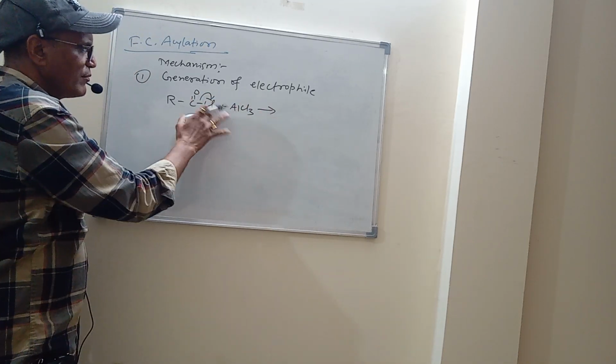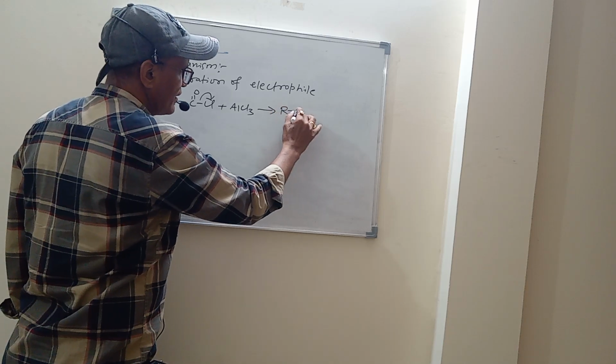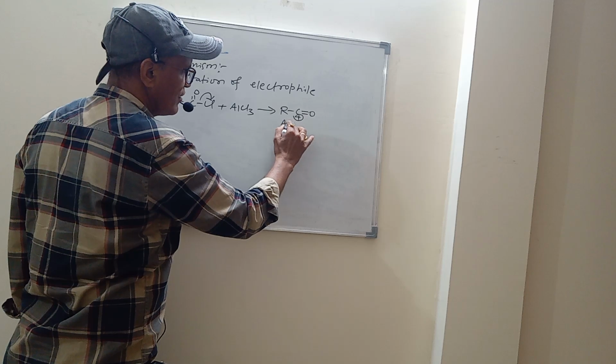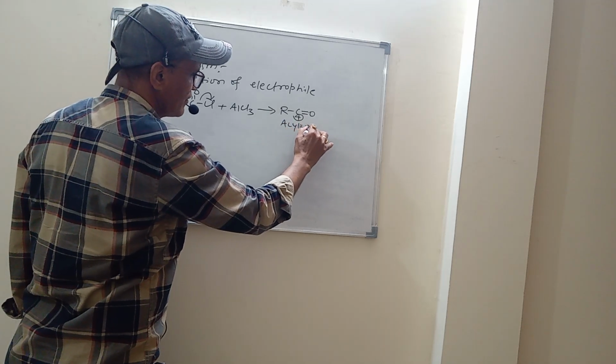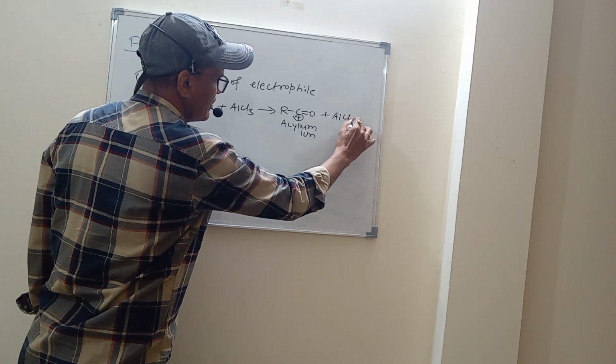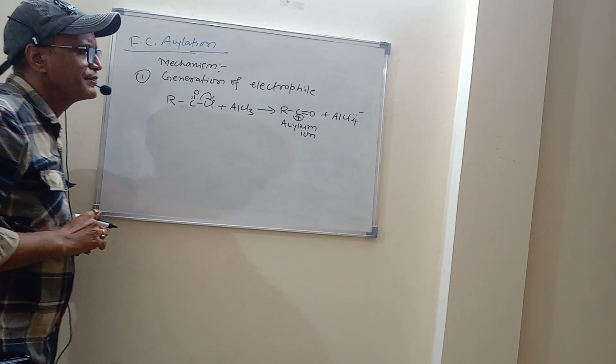This carbon chlorine bond will be broken, and we have an electrophile called acylium ion and AlCl4 negative.